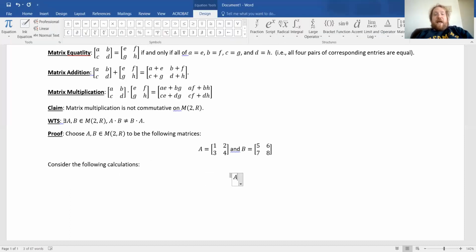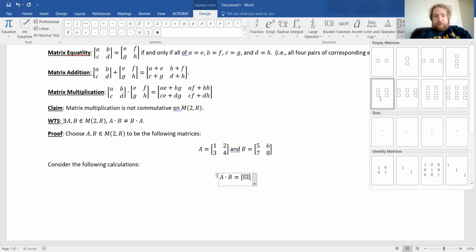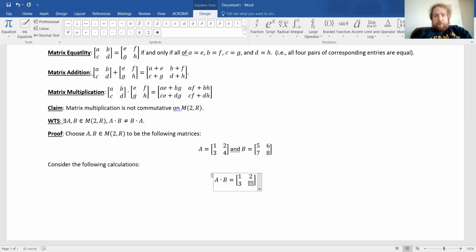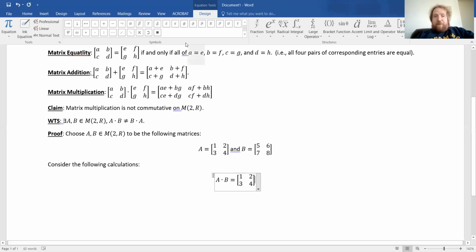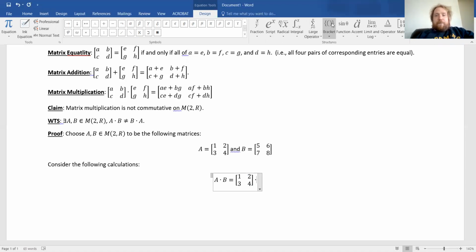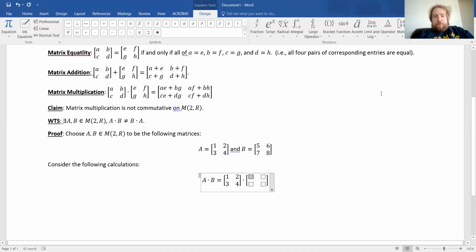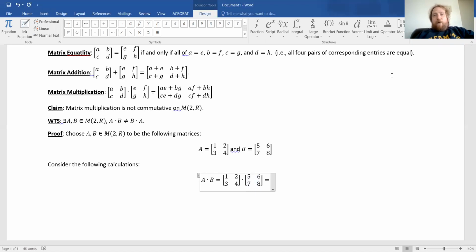And we'll start with A times B, which is the matrix 1, 2, 3, 4 times the matrix 5, 6, 7, 8. Now, this is going to be a 2 by 2 matrix.